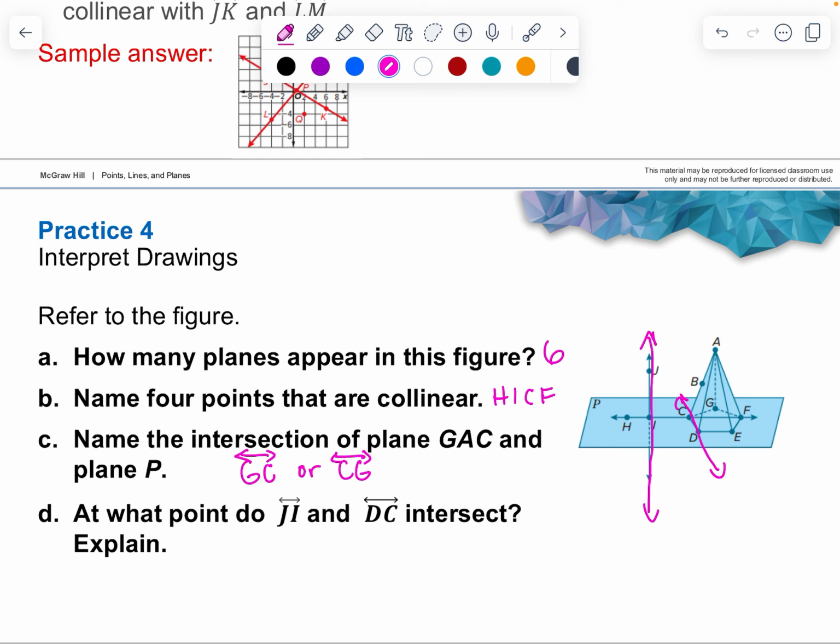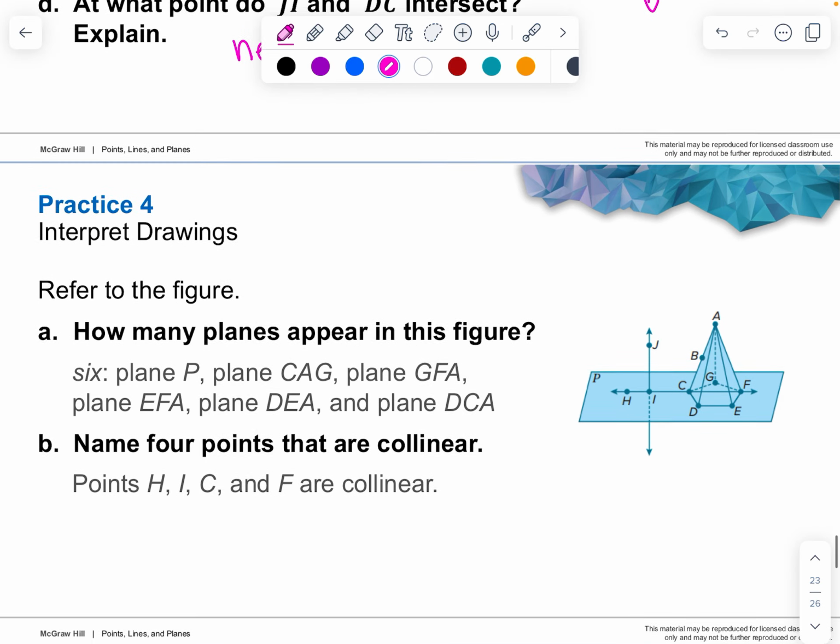This JI and DC are in this plane, solidly in this plane, in plane P, and JI is piercing plane P. It only touches right here at I. It's only ever going to touch at I, and DC is never going to touch I, so never. They will never touch.